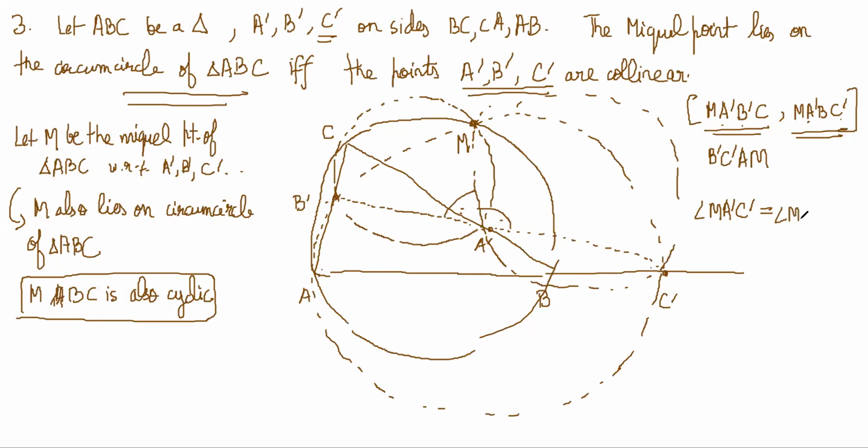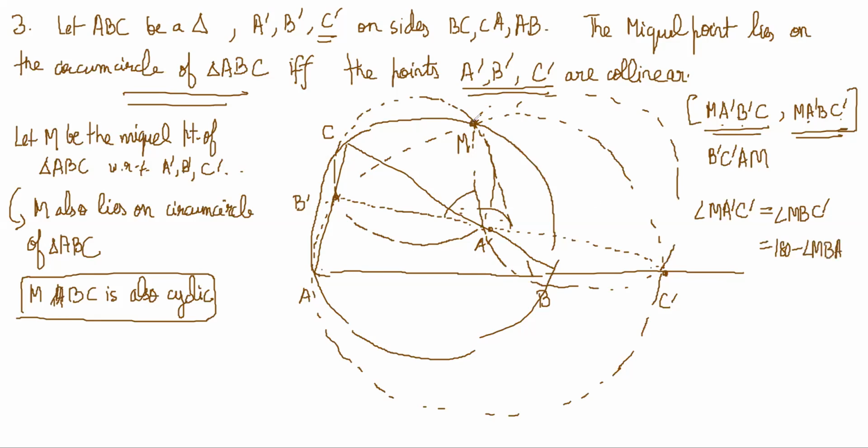But angle M B C dash is equal to 180 minus M B A, right? Yes. Like this, if you connect it here, 180 minus M B A.